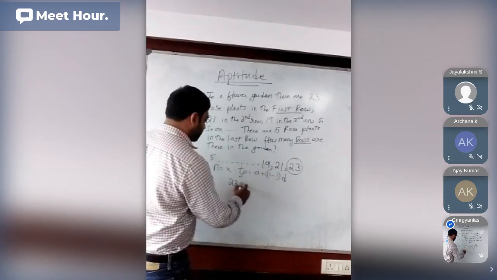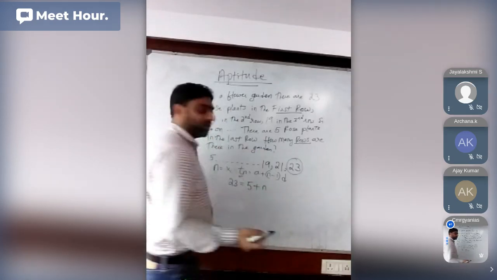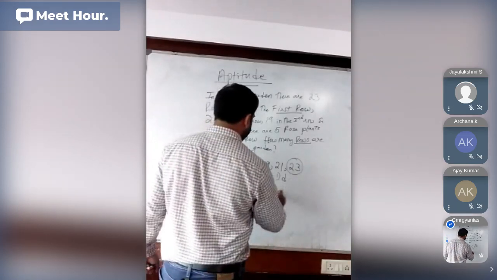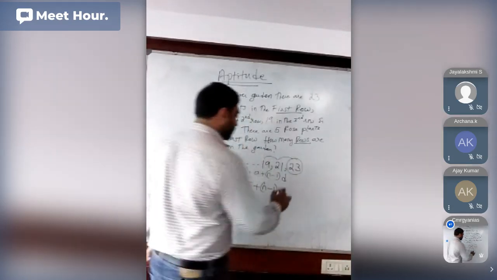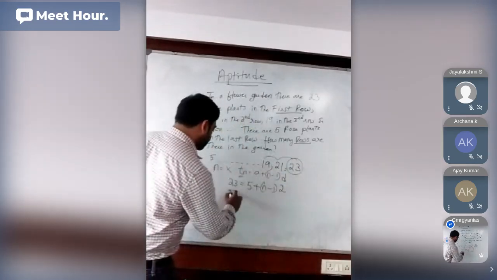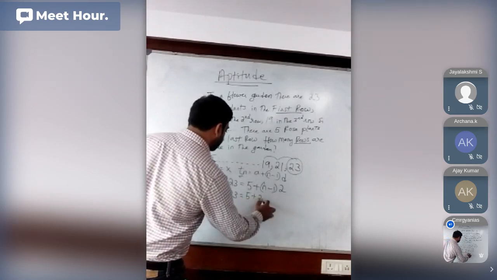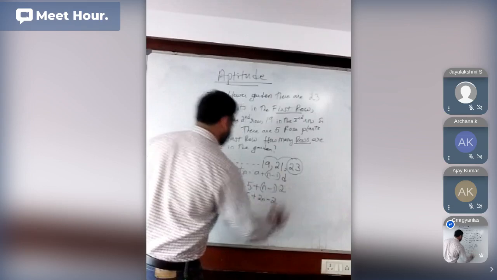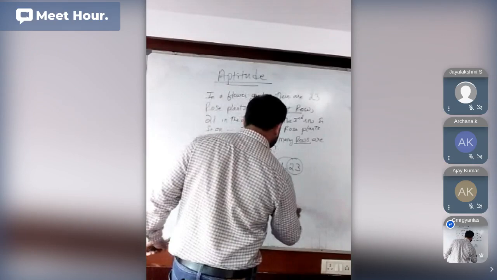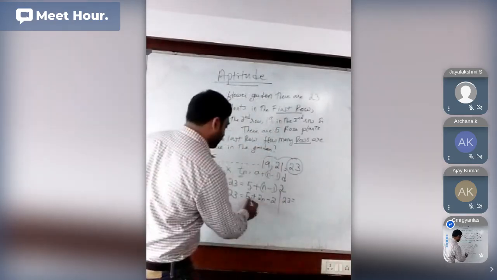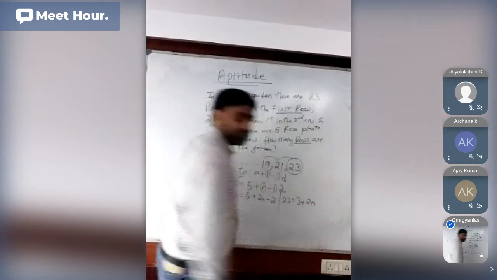So 23 is equal to a, which is 5, plus n we do not know, we have to find out, n minus 1, and d, the spacing, the gap, is 2. So d is equal to 2. So 23 is equal to 5 plus 2n minus 2. So this becomes 23 is equal to 3 plus 2n.